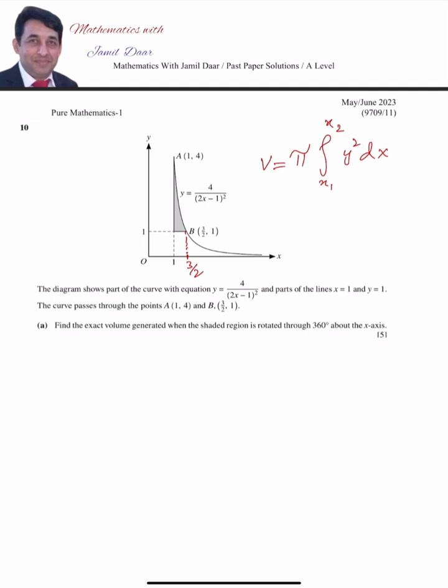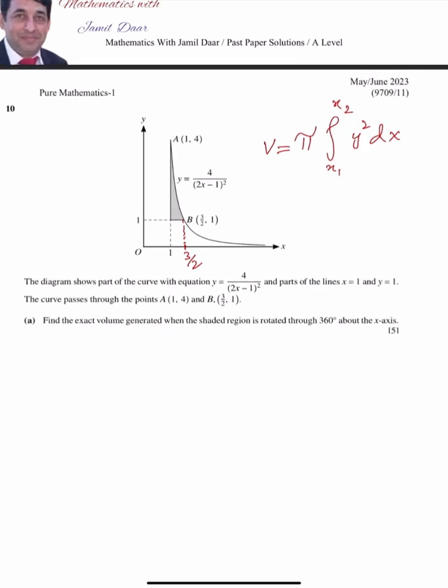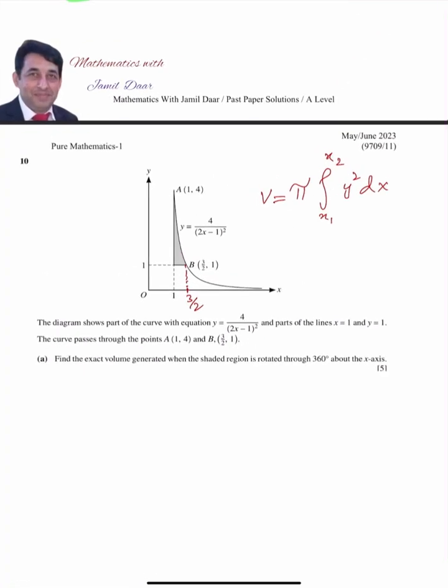Okay, so this would be the area under this graph, all of this one from 1 till 3 by 2. When you find the volume of this whole region, V is equal to the integral from 1 to 3 by 2. That would be, if you change it, 4 into (2x minus 1) raised to the power of minus 2.